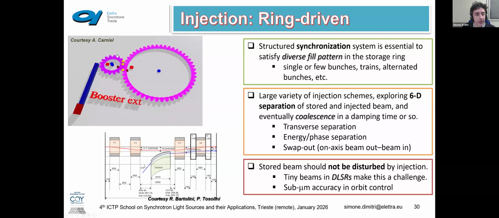After several turns, they reach the nominal energy, and they're injected in the synchrotron, where they will be stored for many hours and possibly days. The connection between the LINAC and the booster and the main ring is made of dipole magnets, which are used to deviate the orbit, the trajectory of these bunches, in order to be extracted from one accelerator and injected into the next one.